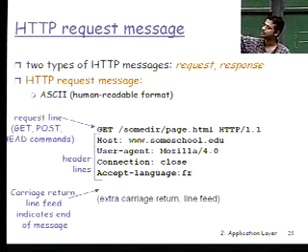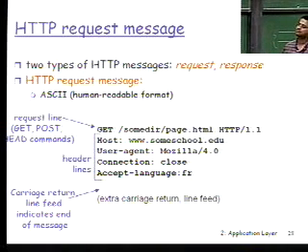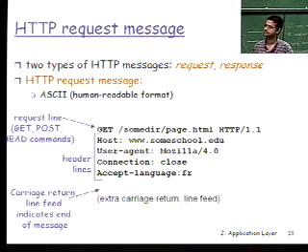In the request line, you send the command associated with the type of request that you are issuing to the web server. In the second part, you have header lines associated with the request. And then optionally, you have the body of a request message.